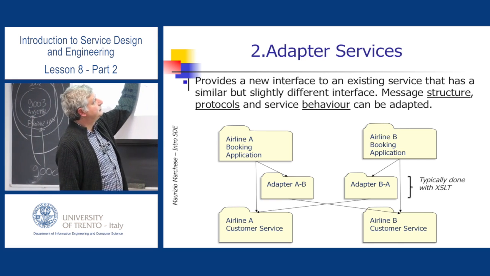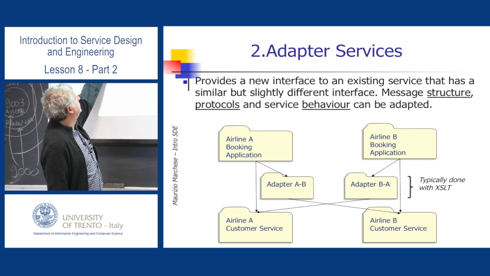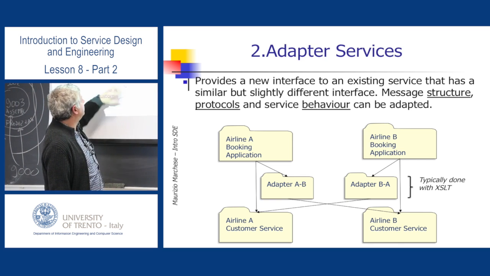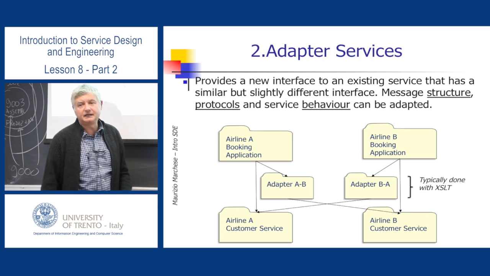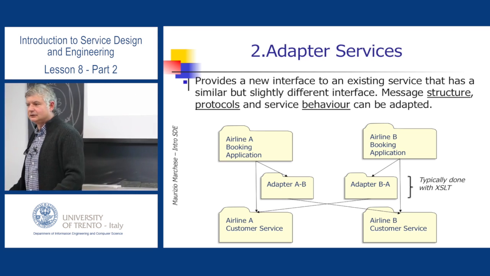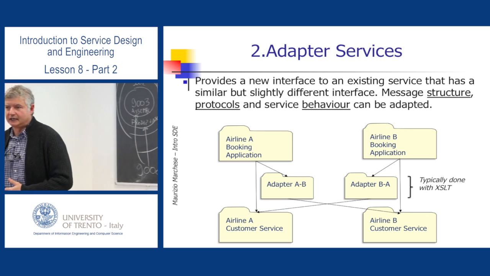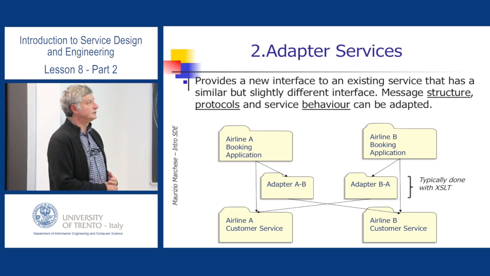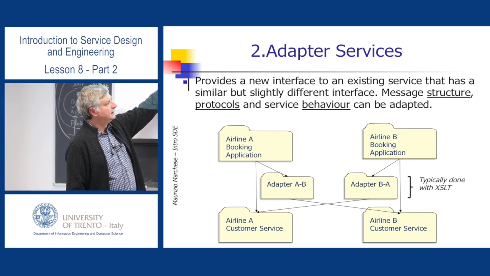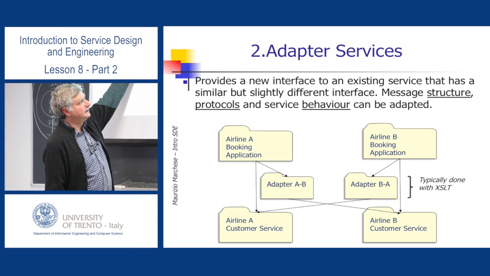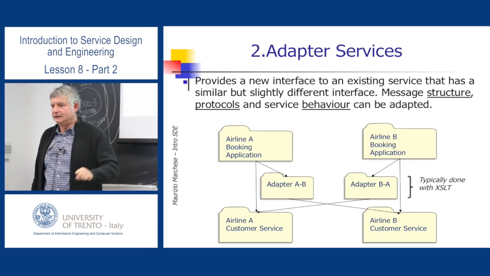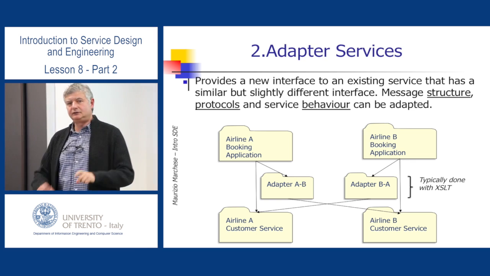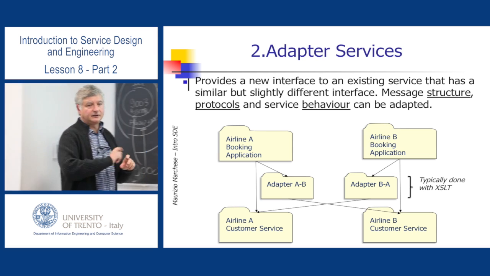So airline A can use this customer service directly, but airline B cannot, or maybe an integrator of airlines cannot use it. So you just build adapters. You don't change anything in the booking application. You don't change anything in the original basic service. You just write an application that translates.